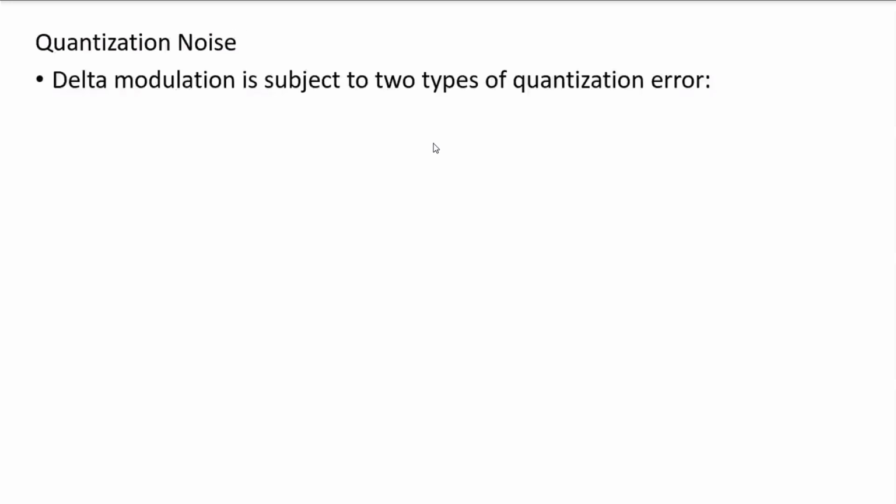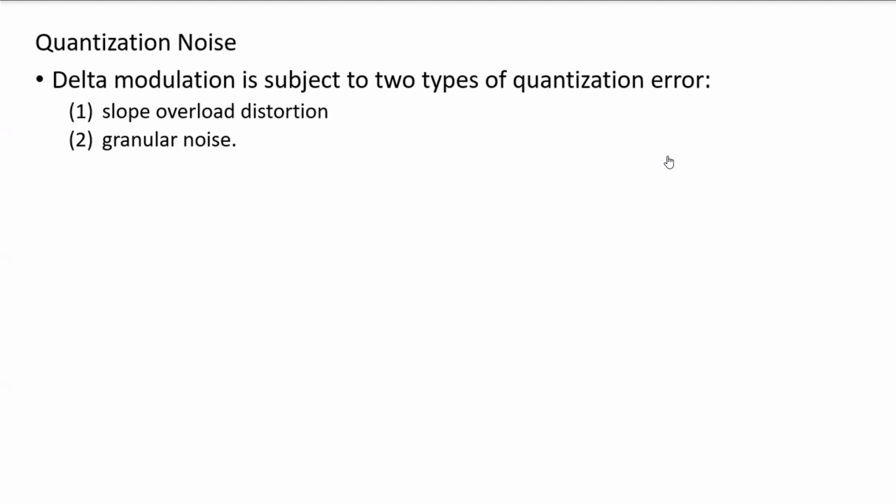Now, the limiting factors in the delta modulation scheme: there are two sources which can affect its performance. There are two errors we can say. One is slope overload distortion, the other is granular noise.